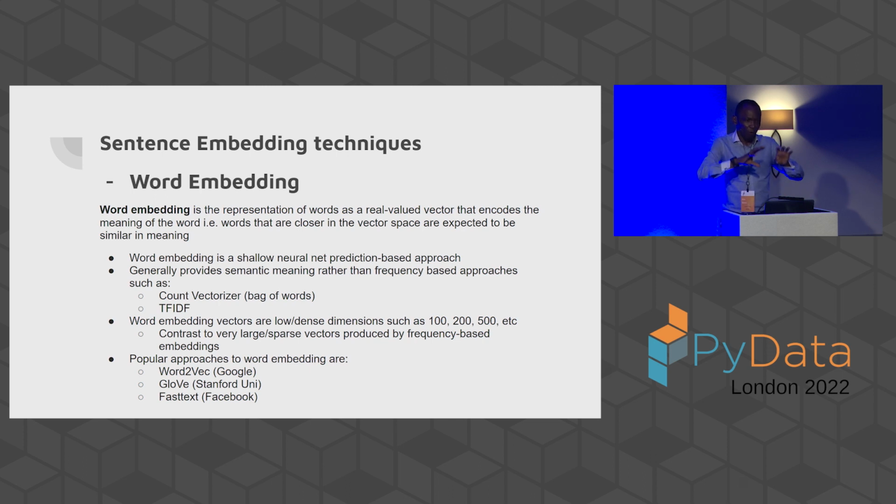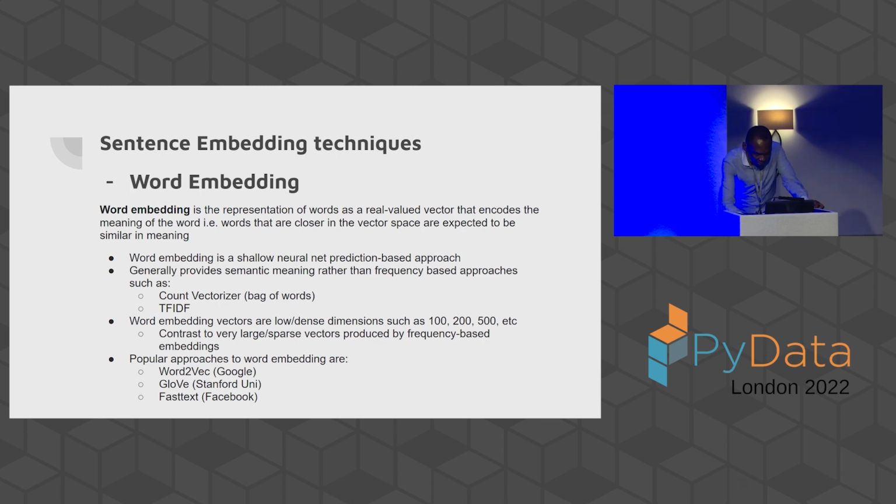When we evolved to word embedding, it suddenly allowed us to take a shallow neural net and train it so that it understands the words in its neighborhood. That suddenly gave us the power of semantics, especially at the word level.